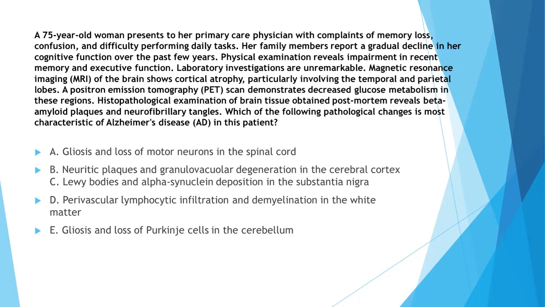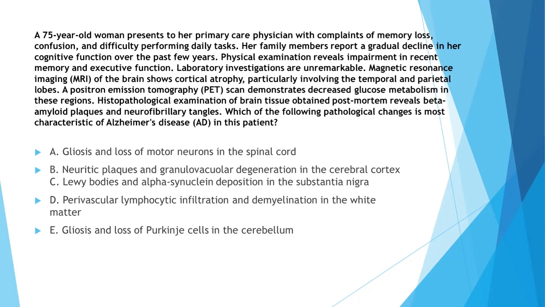Lab investigations are unremarkable. Magnetic resonance imaging of the brain shows cortical atrophy, particularly involving the temporal and parietal lobes. A positron emission tomography scan demonstrates decreased glucose metabolism in these regions. Histopathological examination of the brain tissue obtained postmortem reveals beta-amyloid plaques and neurofibrillary tangles.